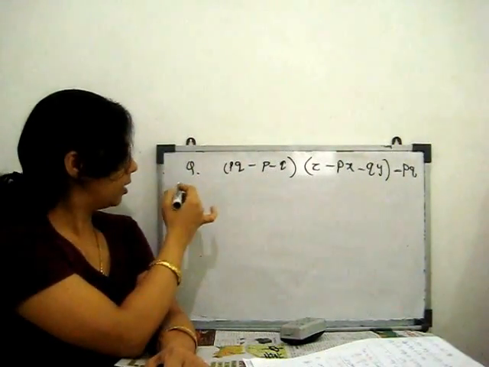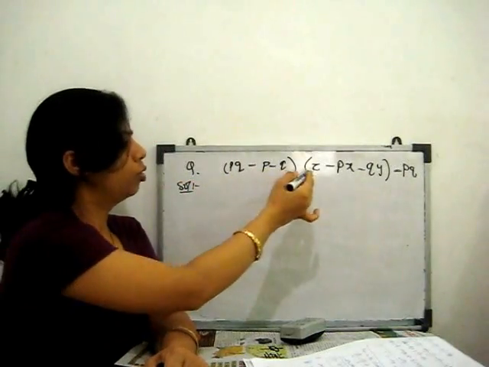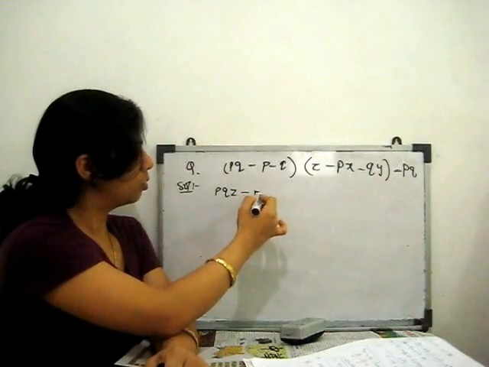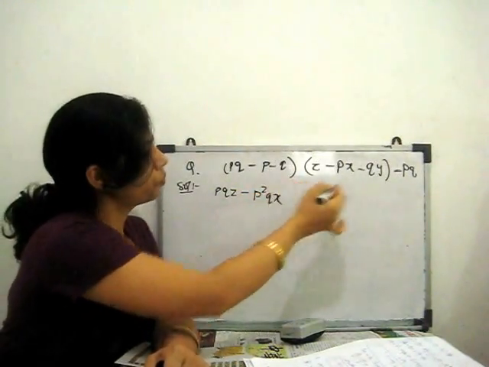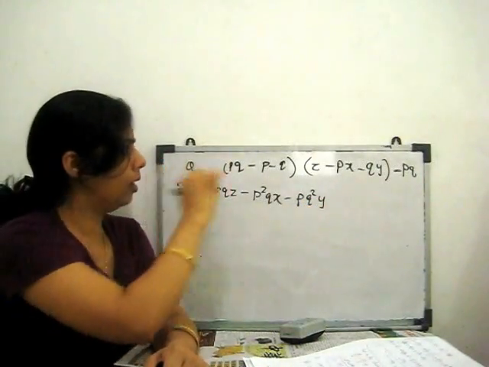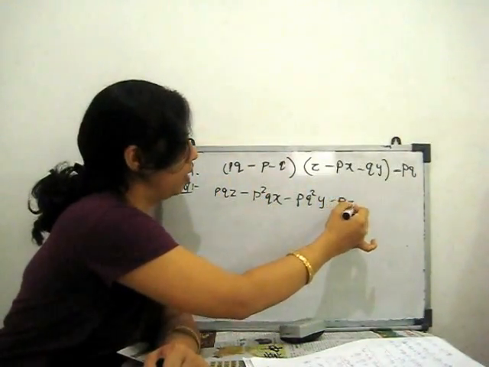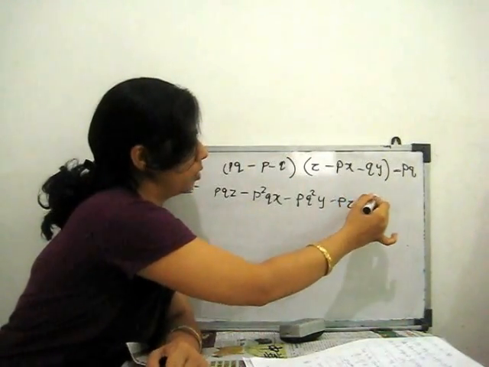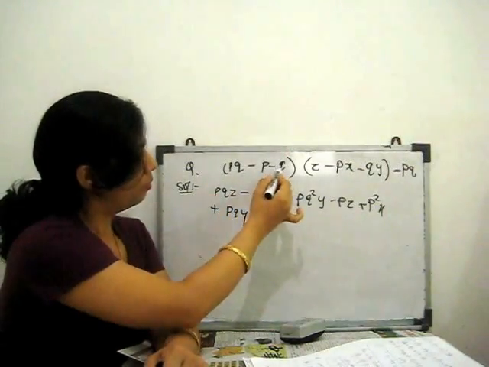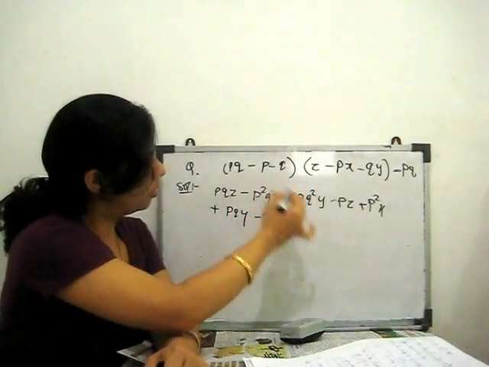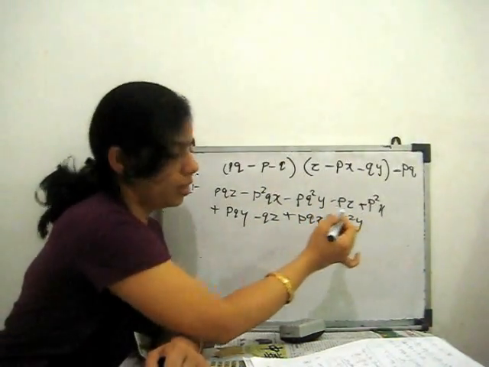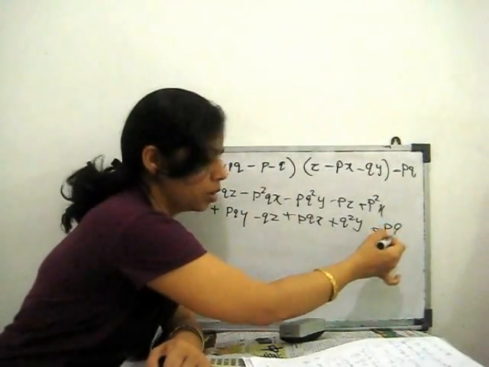So first we open both the brackets. pq multiplied with z, pqz, minus p squared qx, this with this, minus pq squared y, minus pz, plus p squared x, plus pqy. Now this with this, minus qz plus pqx plus q squared y, clear, equal to pq.